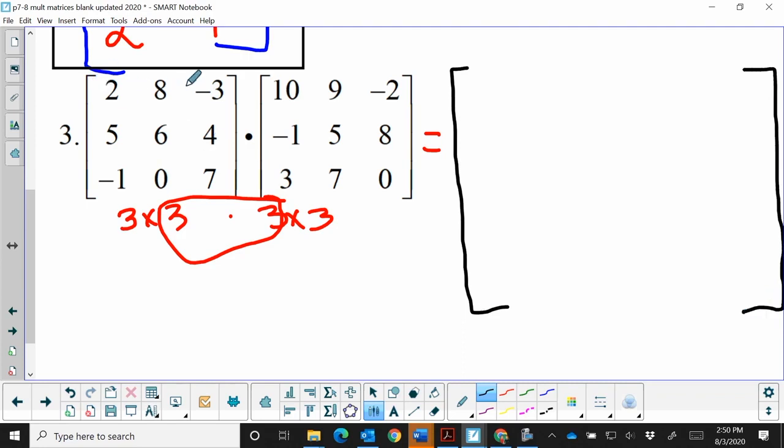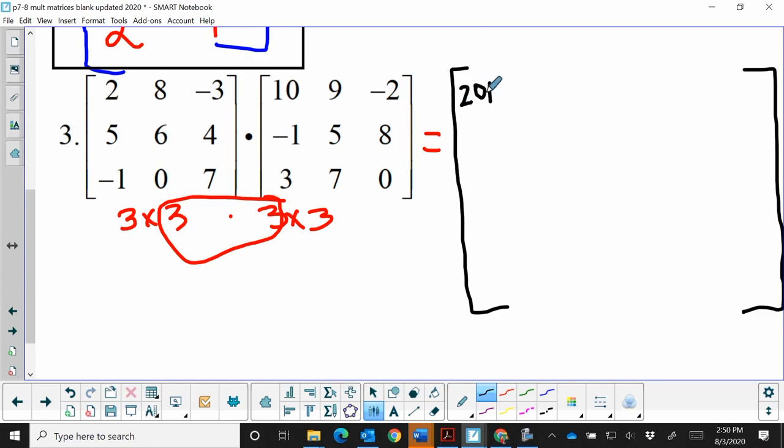Okay, so let's take this row times this column. Now that I'm doing these and I don't have as much room, I don't know that I'm going to show each multiplication. I'll probably just show the product. So I'm going to take 2 times 10, which is 20.